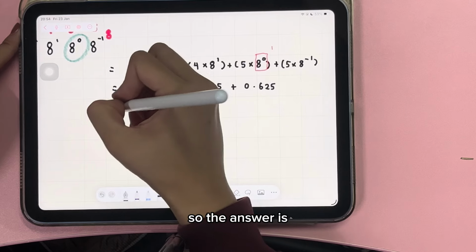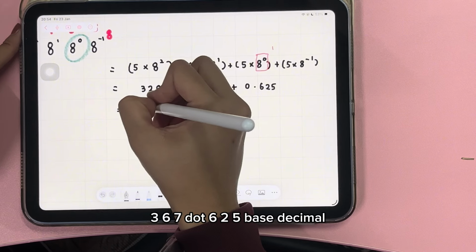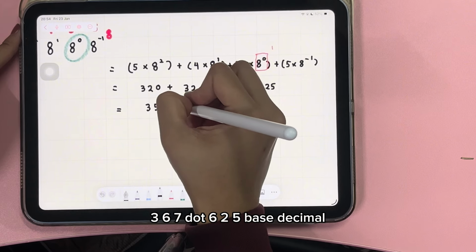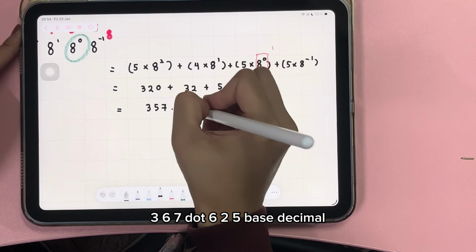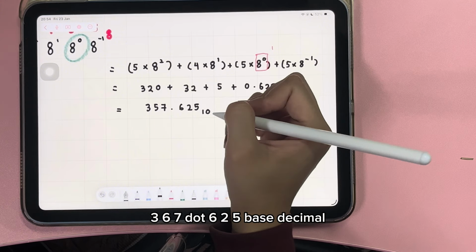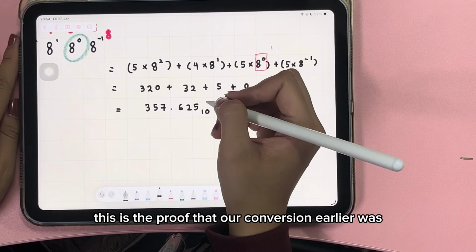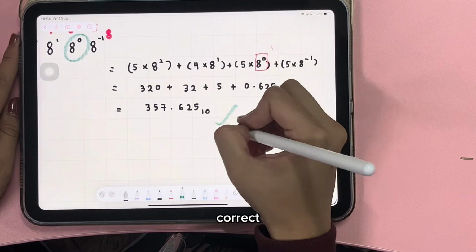So the answer is 367.625 base 10. This is the proof that our conversion earlier was correct.